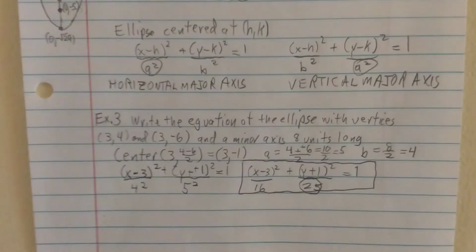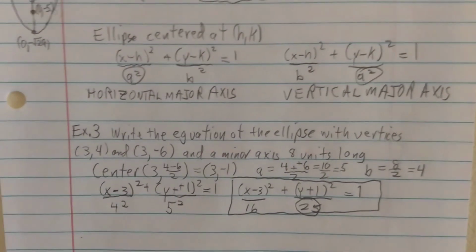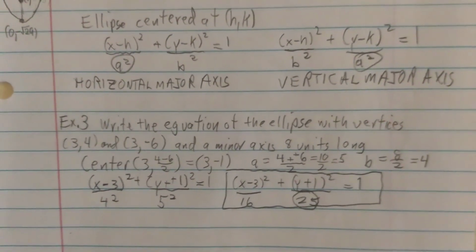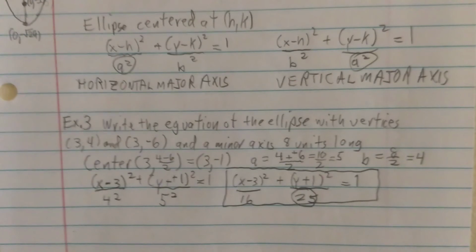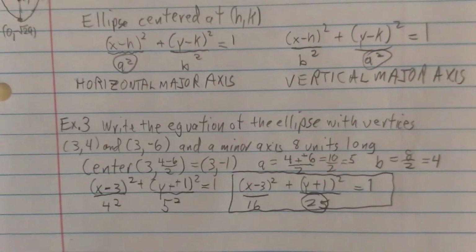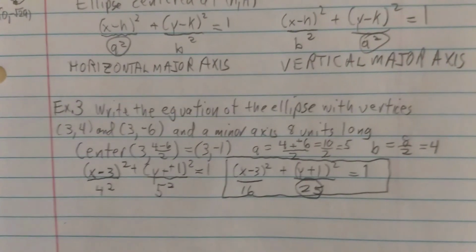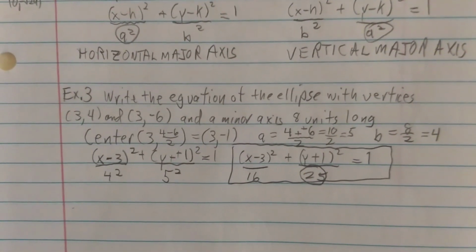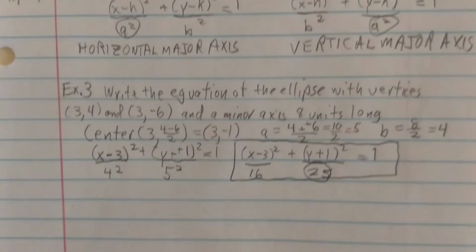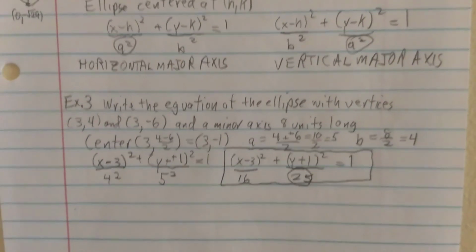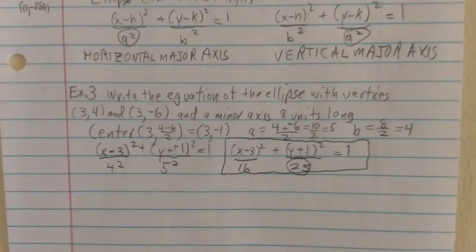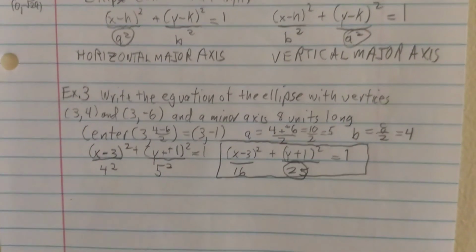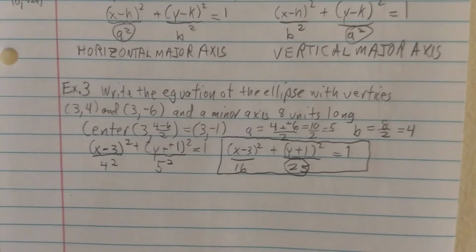Now, not every ellipse or any conic section is centered at 0, 0, so we have to take into account the fact that they're centered at h, k, like we did with the circle, like we did with the parabola. So here we go for a horizontal major axis: x minus h squared over a squared, because a is bigger, plus y minus k squared over b squared equals 1.